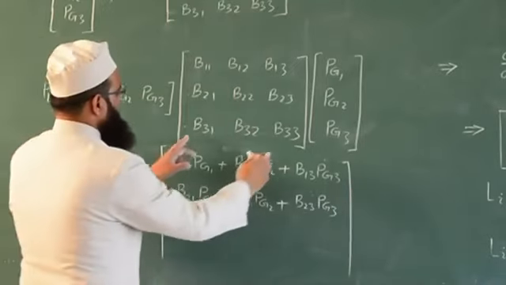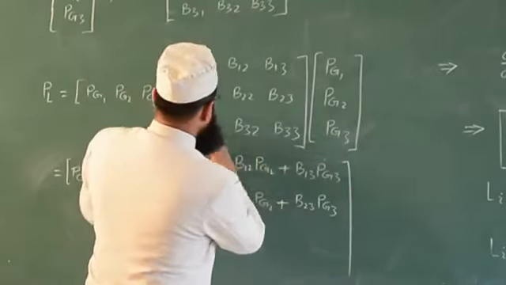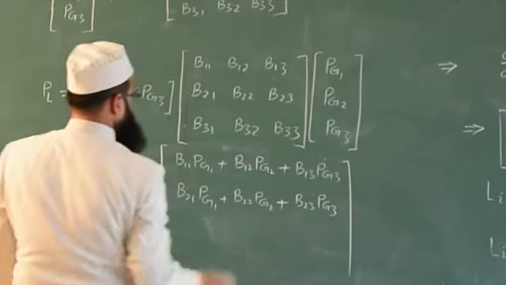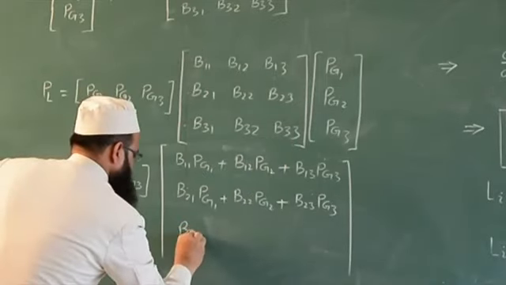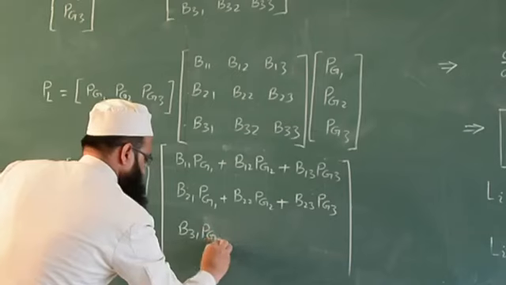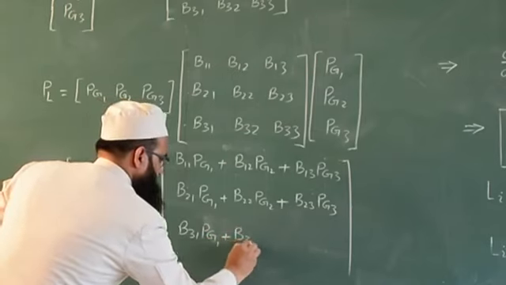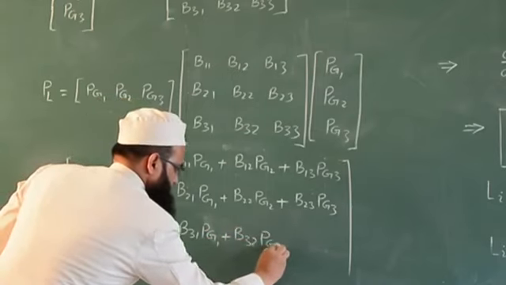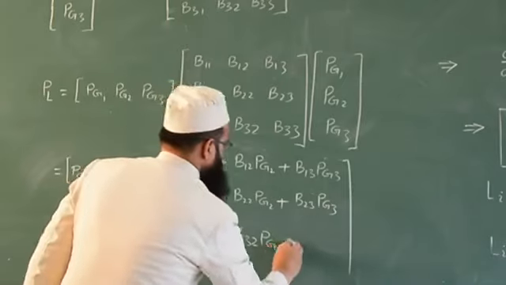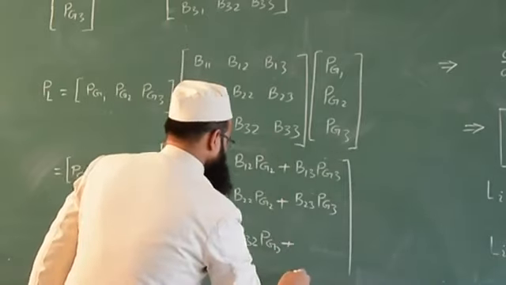The last row corresponds to this: B31 PG1 plus B32 PG2 plus B33 PG3.